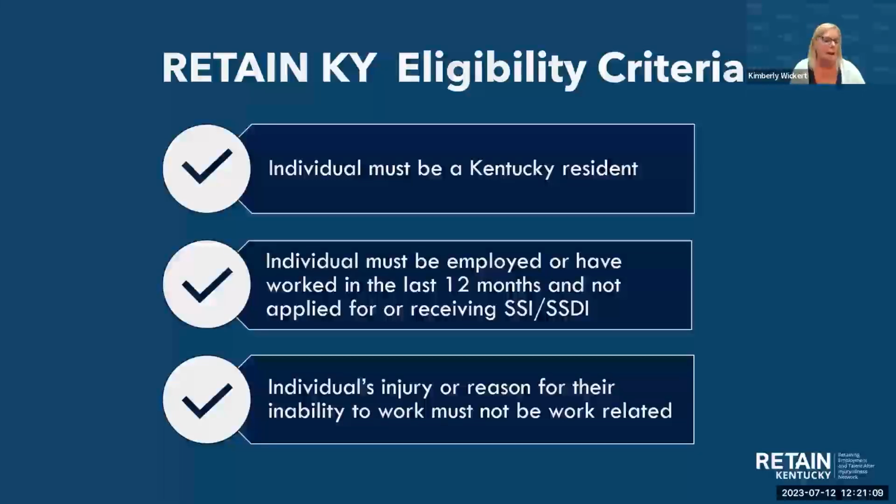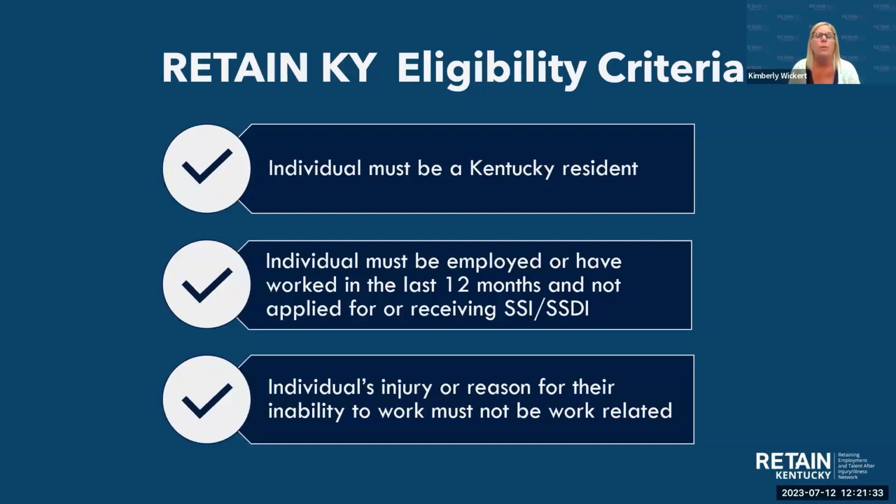So with that, I want to share our last objective, and that is how Retain Kentucky can help individuals as well as employer organizations and workforce professionals to identify and develop bench strength within the setting that you work or with the individuals with whom you work.